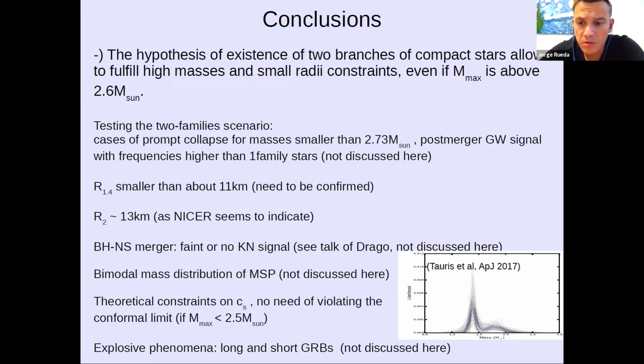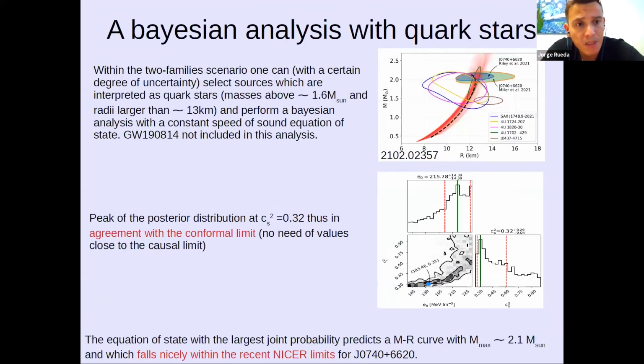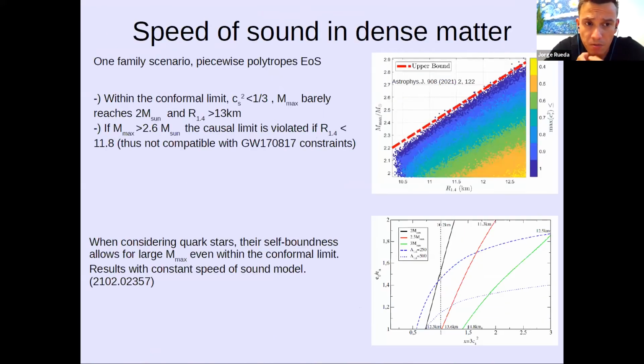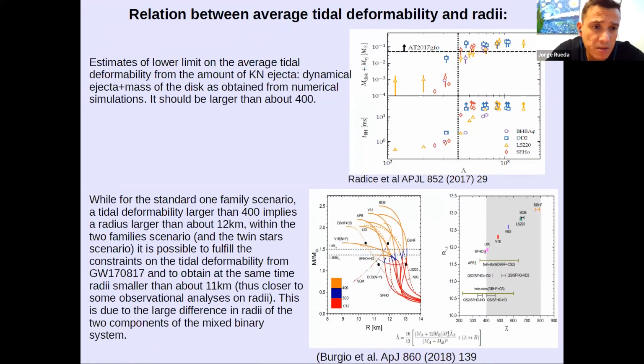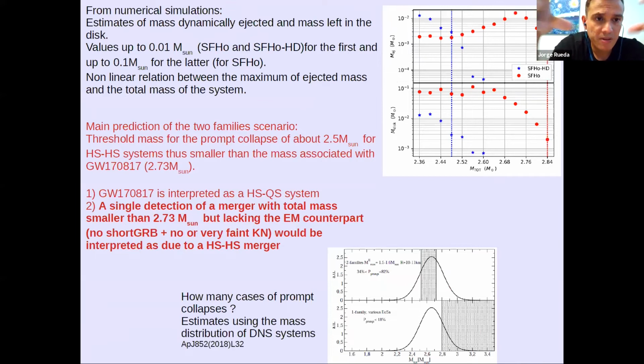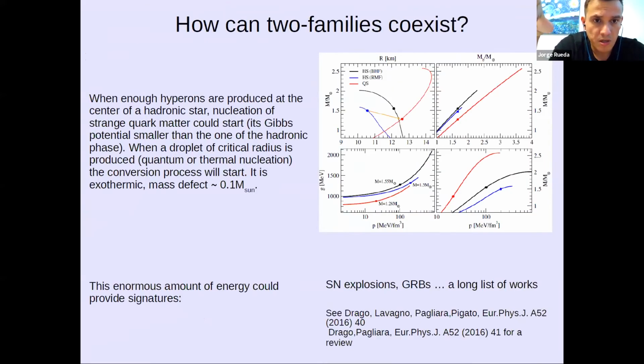There are no questions. Maybe I can make a question. I'm not sure if you can compare with the range of masses obtained from GW170817, because in your model you have different combinations, as you mentioned.